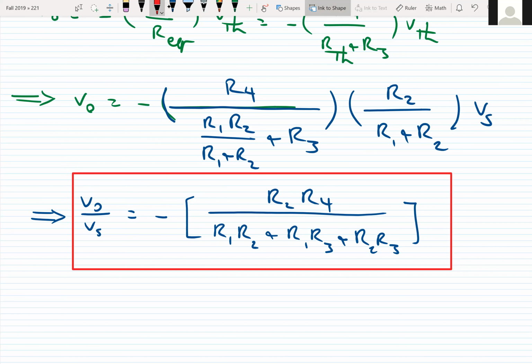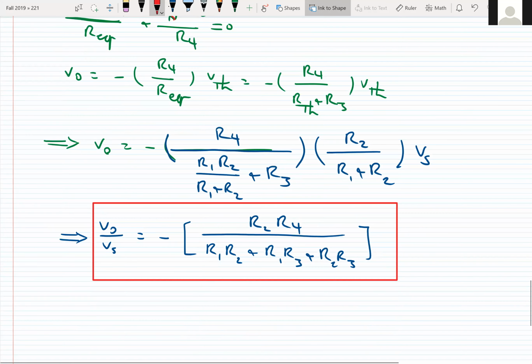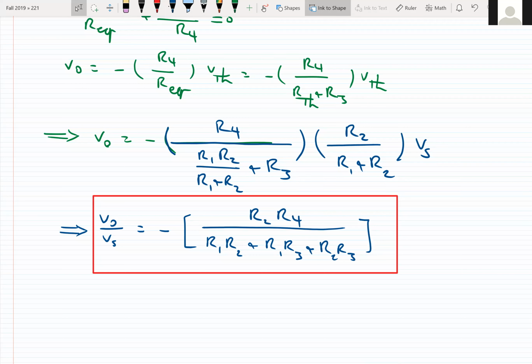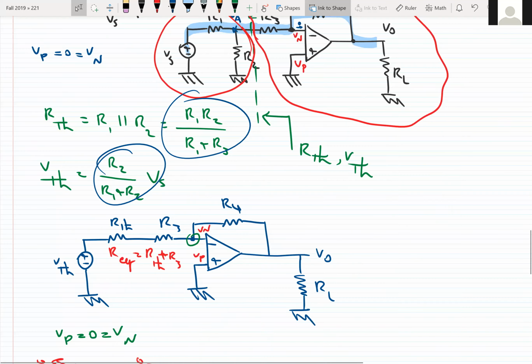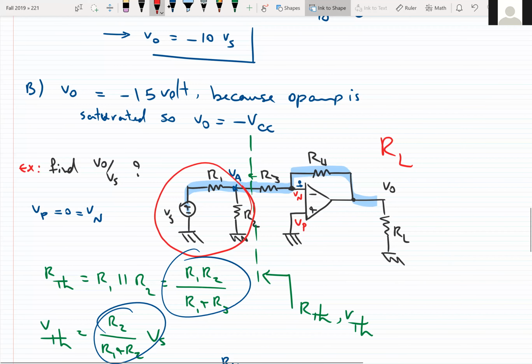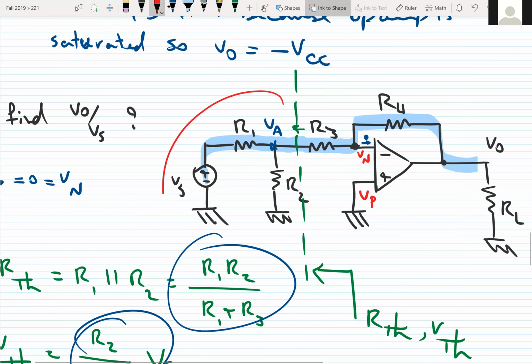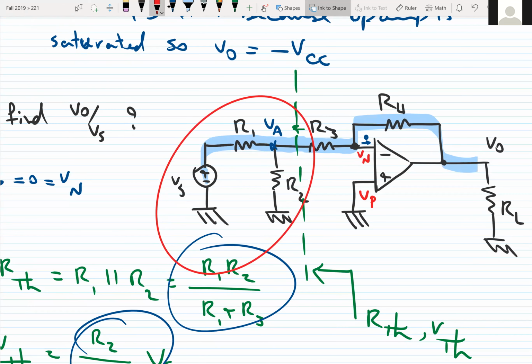So in this type of circuit, when part of the circuit needs to be simplified, we can use different methods, especially the Thevenin equivalent. Without finding the Thevenin equivalent of this part of the circuit, it was not easy to solve the problem.